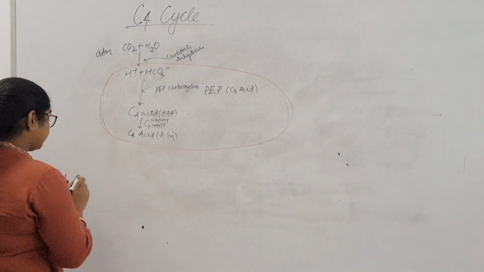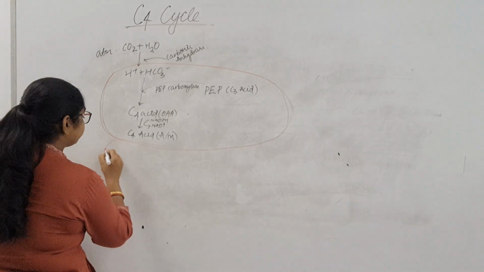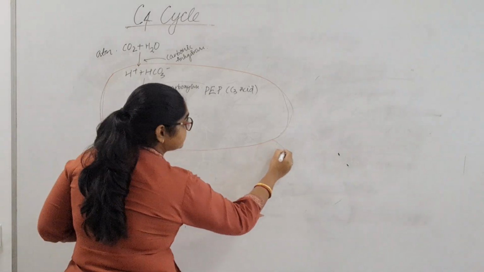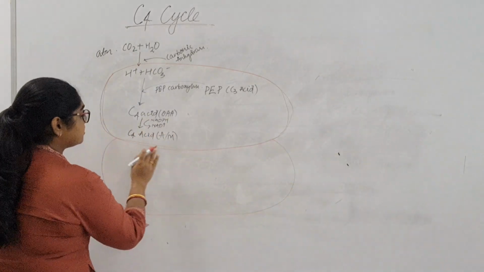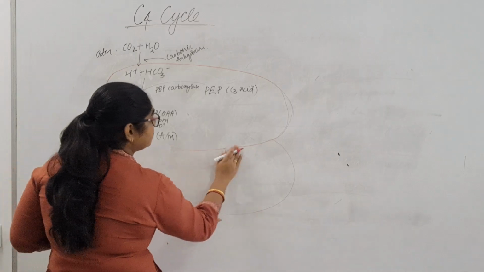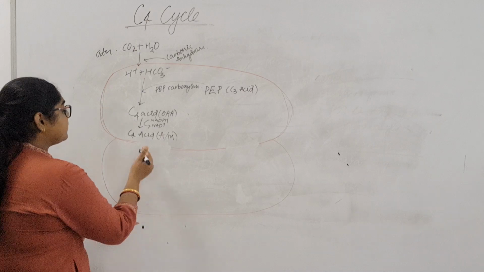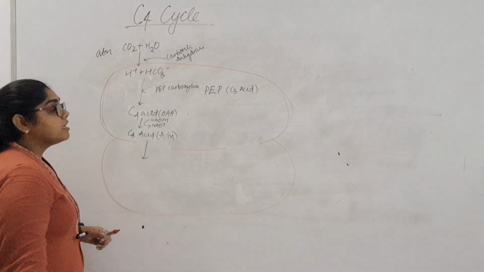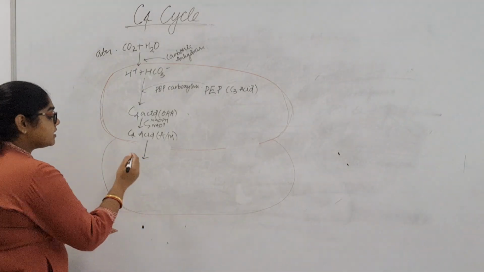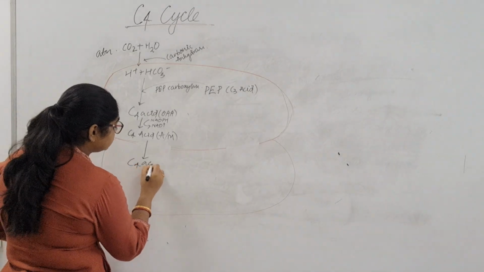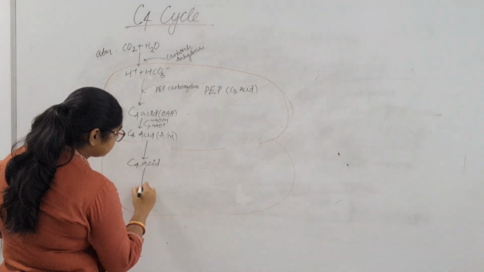Now it will enter into the bundle sheath cell through this diffusion barrier. Here this C4 acid undergoes decarboxylation process.